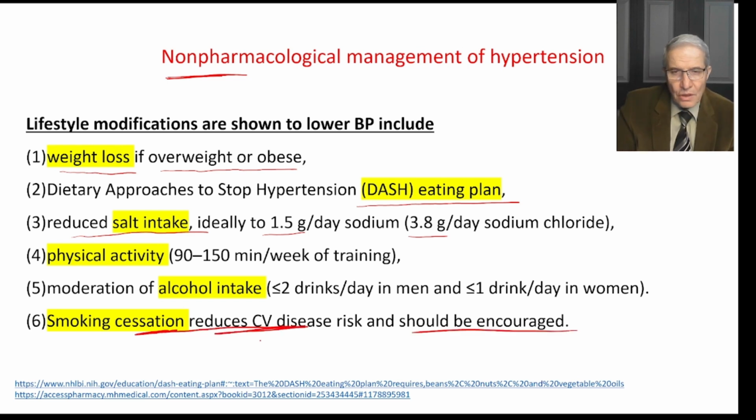All these, we have to start with this approach before we start medication or drug treatment. Losing weight if the patient is obese or overweight. Adopt a DASH diet: fruit, vegetables, and avoid fatty food. Reduce salt intake, physical activity, limit alcohol, smoking cessation.